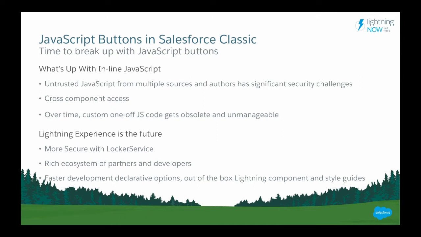The issue with this is that, of course, there are probably very smart JavaScript developers here. People know JavaScript much better than I do, but there's a lot of people that don't know JavaScript. And what we've seen happen is that often there's untrusted JavaScript code that is used throughout orgs. This JavaScript code could have been just poorly written, or maybe it was just picked up from the internet doing some sort of a Google search, and all of a sudden you've got this untrusted JavaScript code mingling with Salesforce. So what is the downside?